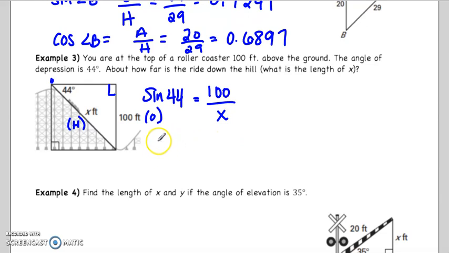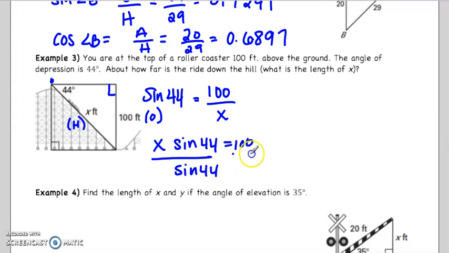So in order to do that, let's go ahead and do our algebra. I'm going to multiply by x on both sides. So that's x times sine 44 equals 100. Divide both sides by sine 44. So x equals 100 divided by sine 44.